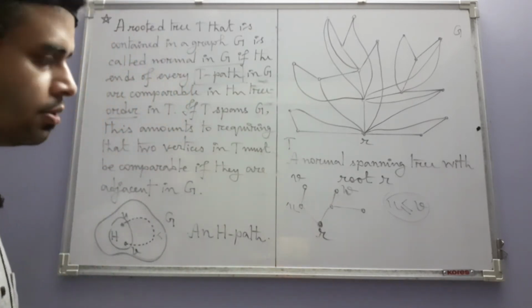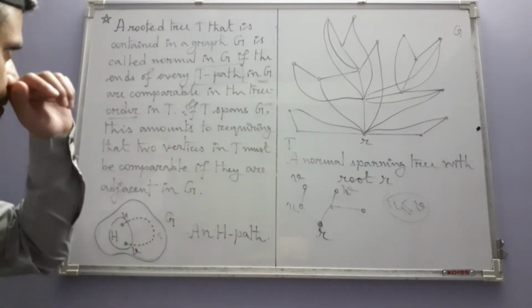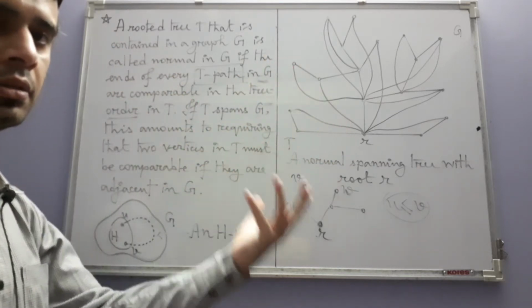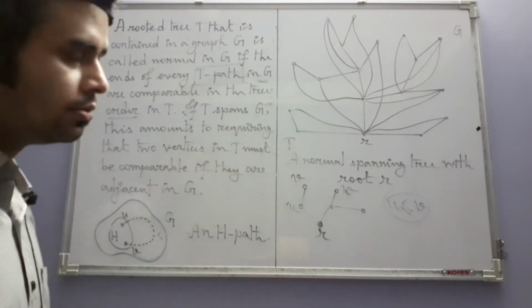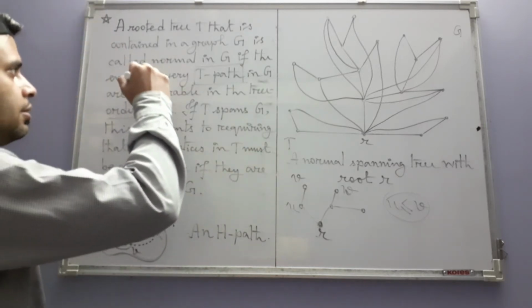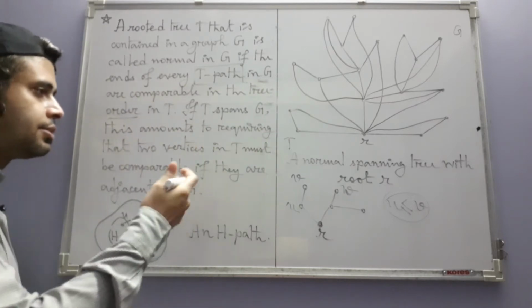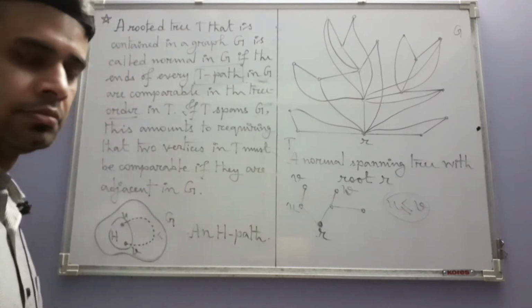So now with all these things we are saying that you have a graph G. In that graph you have a subgraph, that is a tree T, that is a rooted tree, and every T path in G has its ends that are comparable in that tree order.